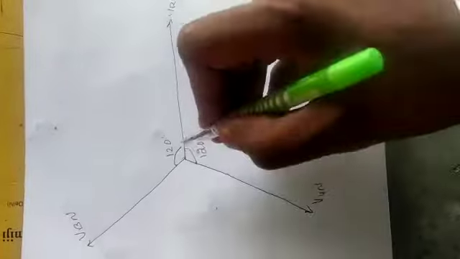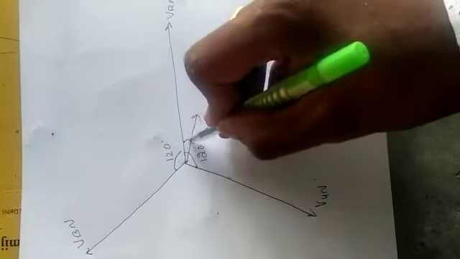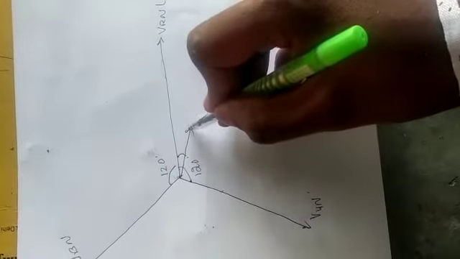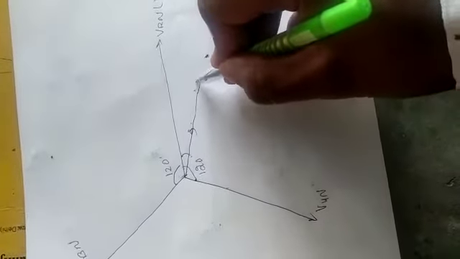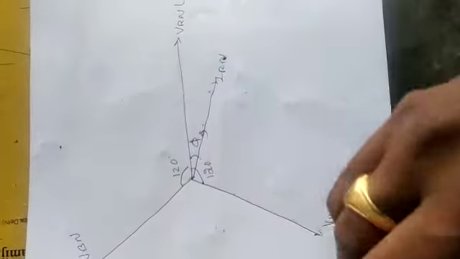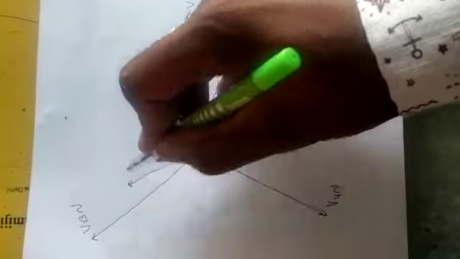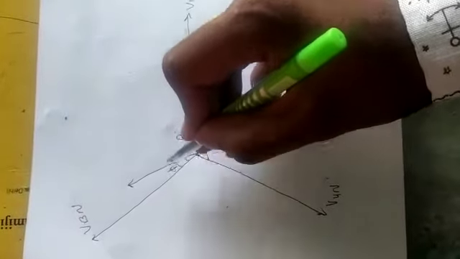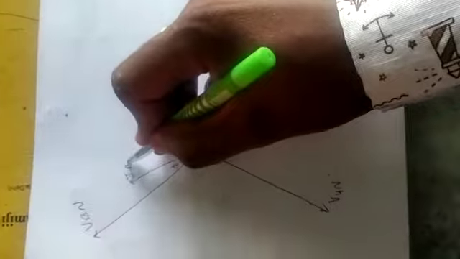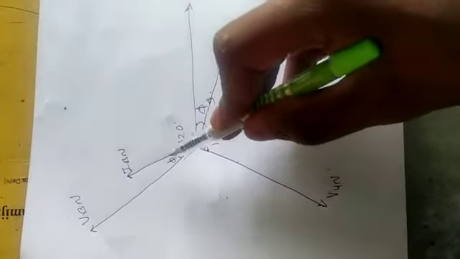As you all know, it's an inductive circuit, therefore for VRN you have IRN, the current lags the voltage by an angle of phi. For VBN, this is IBN, the current lags the voltage by an angle of phi.